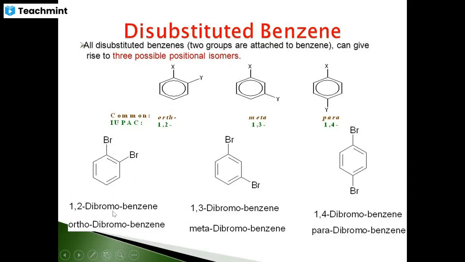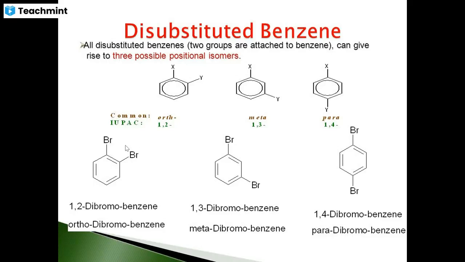So 1,2-dibromobenzene is the name of this compound, and both are present at adjacent positions. This is the ortho position, so another name is ortho-dibromobenzene. Why do I say ortho-dibromobenzene? Because in place of bromine we can take chlorine also, or another substituent like a CH3 group or OH group.